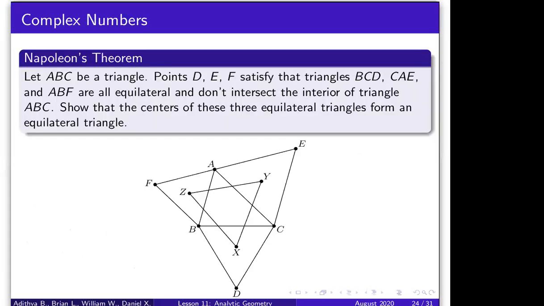Okay, so our next problem, which will be purely complex numbers this time, no coordinates, is this theorem called Napoleon's theorem. Diagram should be fairly self-explanatory. Just a heads up, it won't be on the remaining slides, so be sure to get it down.